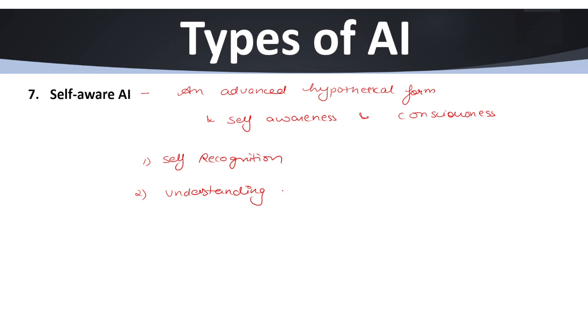Understanding the emotions. A self-aware AI would not only recognize human emotions, but also it can potentially understand its own feelings or state in a meaningful way. Another characteristic of self-aware AI is intentionality.